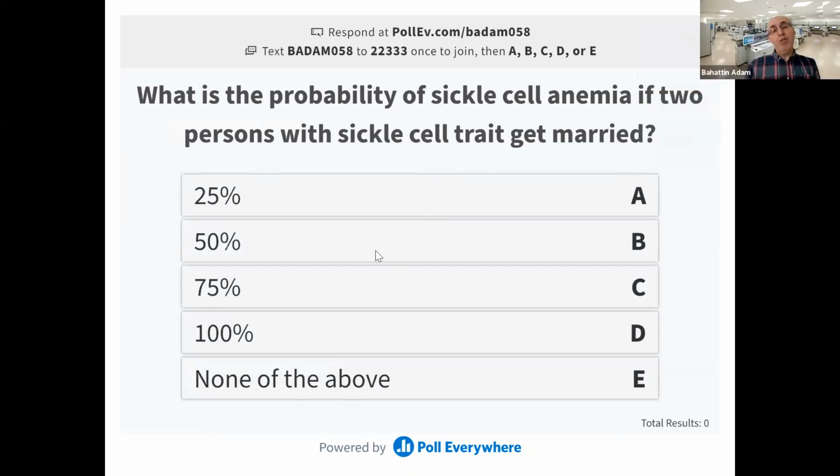Yeah, I guess it should be B, because two persons with sickle cell trait, once they get married, 50% will be sickle cell trait, 25% will be healthy, and 25% will be the probability of sickle cell anemia. I would choose B, but I am going to double check it later.